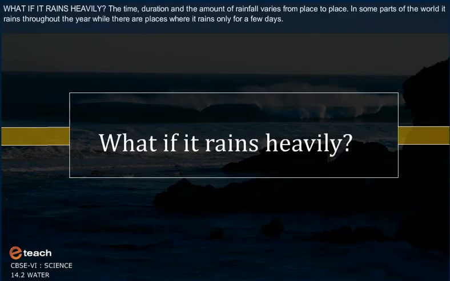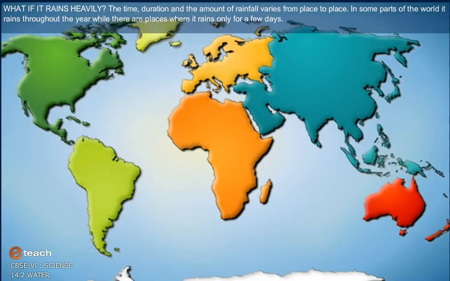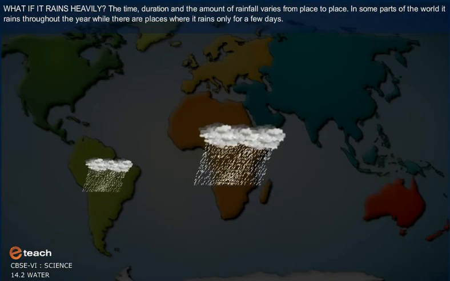What if it rains heavily? The time, duration, and amount of rainfall varies from place to place. In some parts of the world, it rains throughout the year, while there are places where it rains only for a few days.